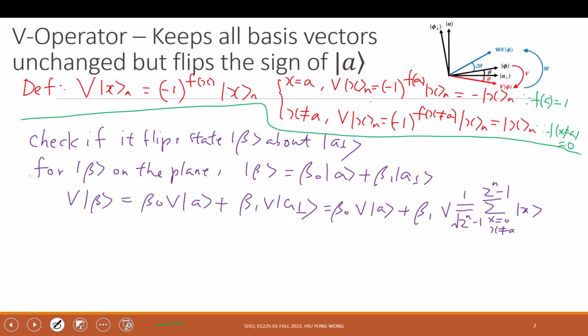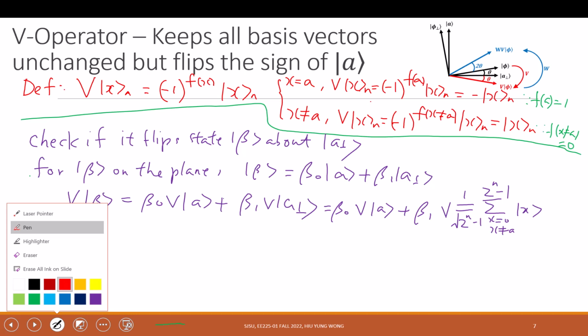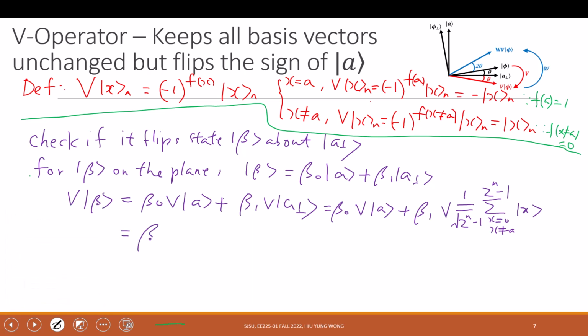So then the first term, of course, is beta 0 times negative 1 to the power f of A. This is okay. We apply it to A and it is equal to negative 1 to the power f of A, because f of x equals A. And I do the same thing for the other term.